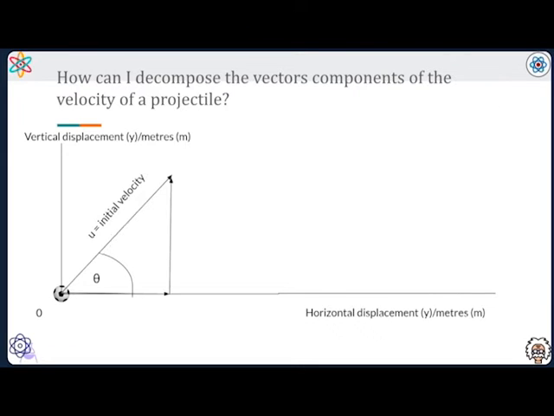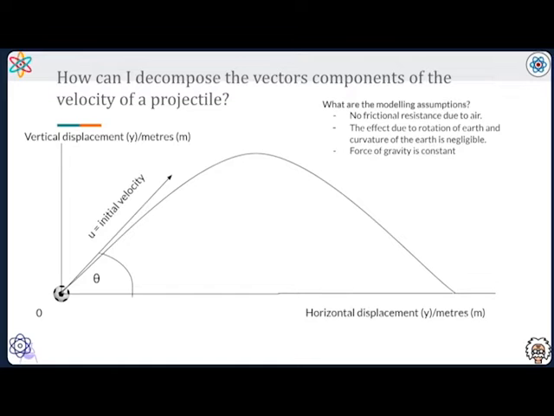Yeah, so some modeling assumptions that we have are that there is no frictional resistance due to air. All of the physics questions that you do at A level involving projectile motion will usually assume that, and A level maths as well, but not necessarily A level further maths. It's also assumed that the effect due to the rotation of the Earth and the curvature of the Earth is negligible.